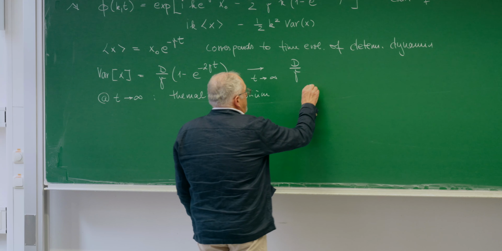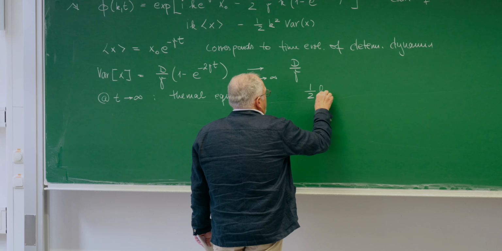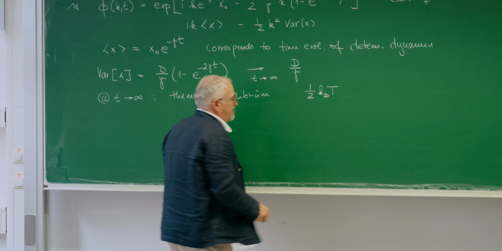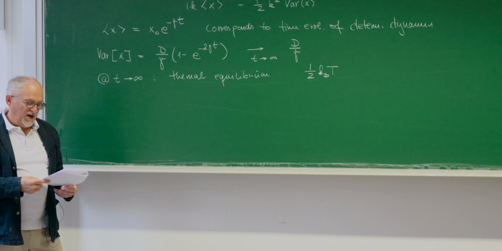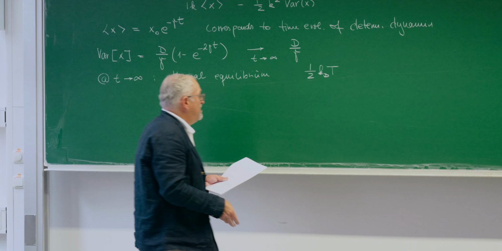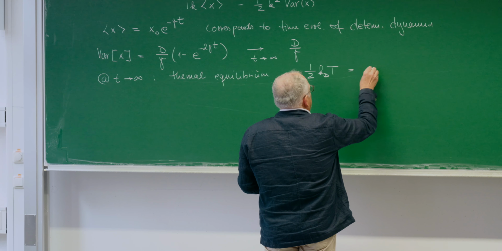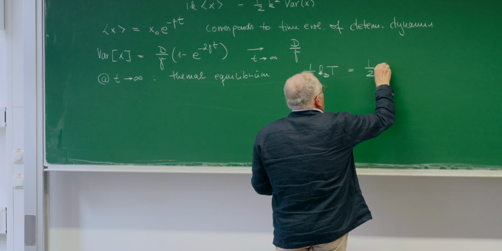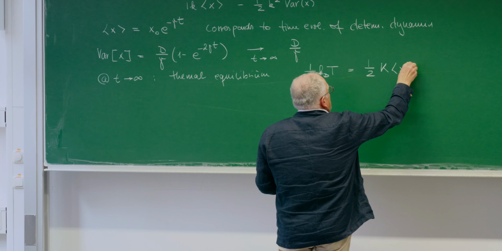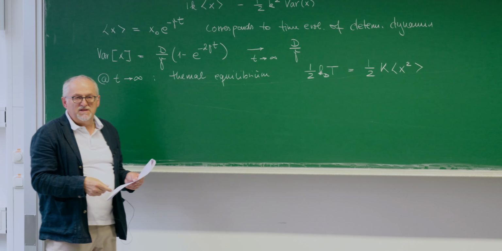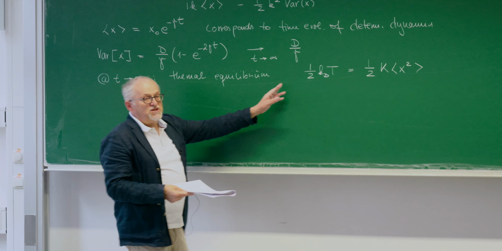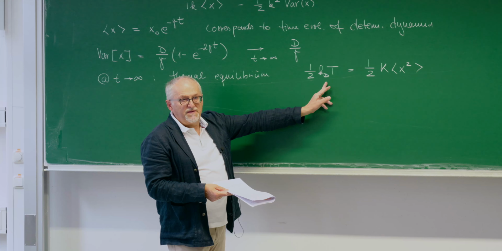In equilibrium, what I know to be valid is the equipartition theorem. Every degree of freedom will on average have a half k_B T as its energy. So a half k times the mean of x squared, the degree of freedom of the motion of the particle in the harmonic potential, has to be equal to a half k_B T.